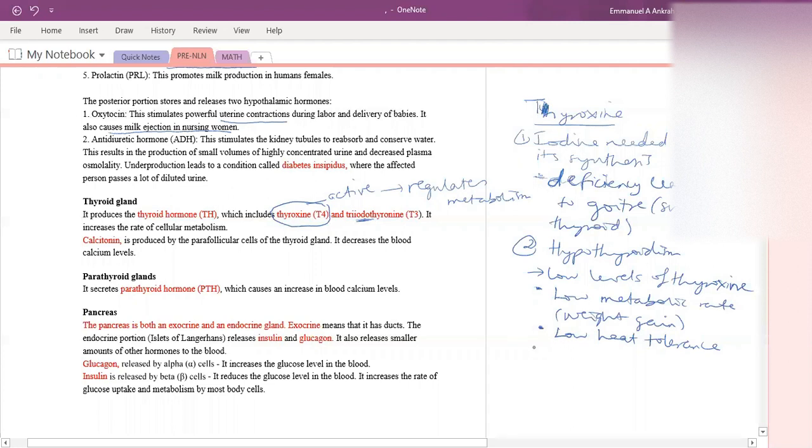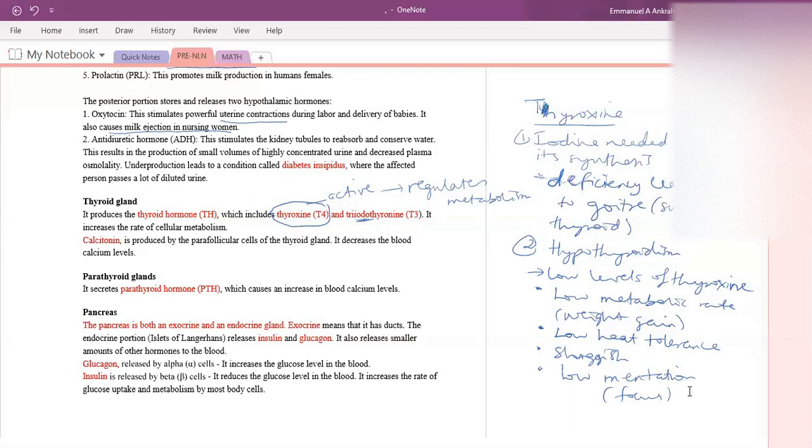And then they're also a little bit sluggish. They are sluggish because they don't have enough energy. They cannot focus very well. So you have low mentation. Very low focus. They can't focus on things, because they lack energy.